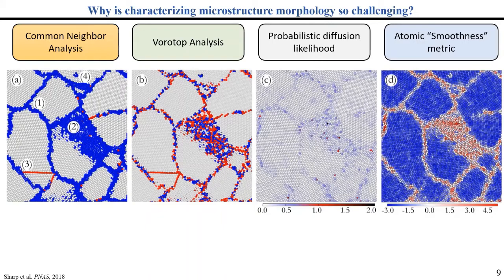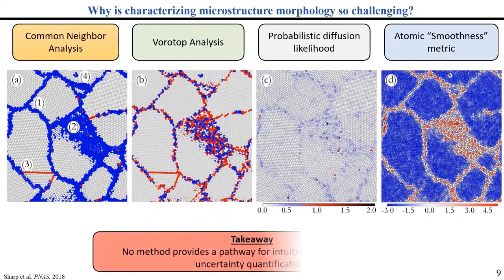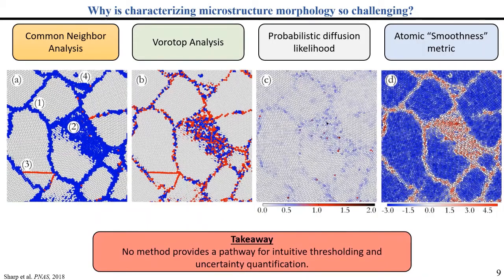So there's no intuitive way to say, yes, pick 0 as my value here, and anything above it is a grain, and anything below it is a grain boundary. You're still missing that intuitive thresholding capability, and that's really the problem with existing methods: there really isn't a good way to intuitively say, yes, this atom goes here and this atom goes here.